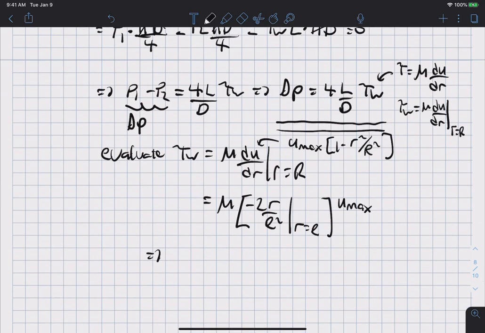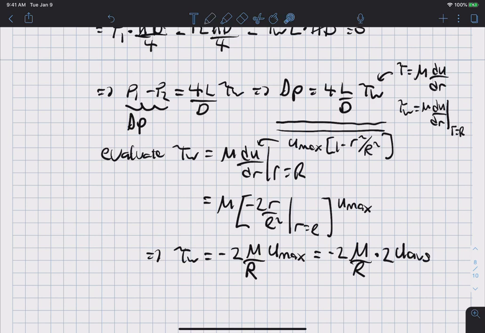And that implies that the wall shear stress, substituting that in, equals minus 2 mu over cap r times Umax. Okay, or this equals minus 2 mu over r times 2 U average, using the result that Umax is equal to twice the average velocity.